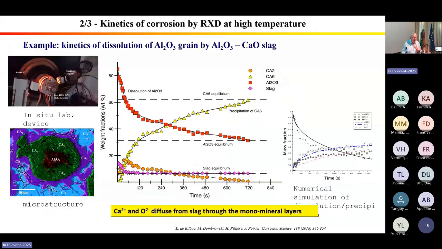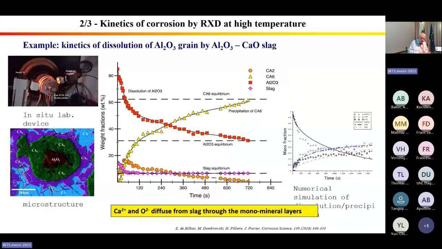The kinetics of corrosion is very important. We access this information by lab experiments. Just look here at an example of kinetics of dissolution of an alumina grain in alumina lime slag.